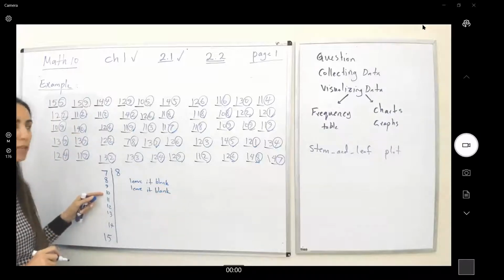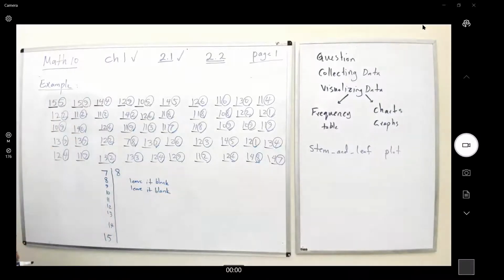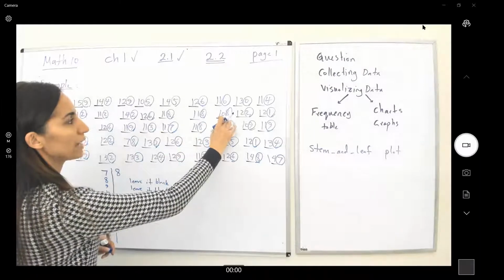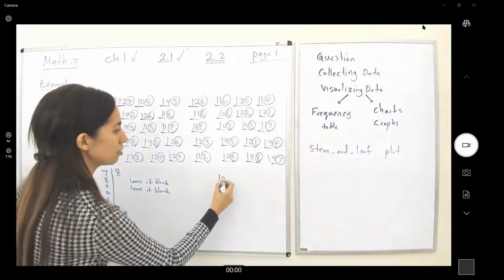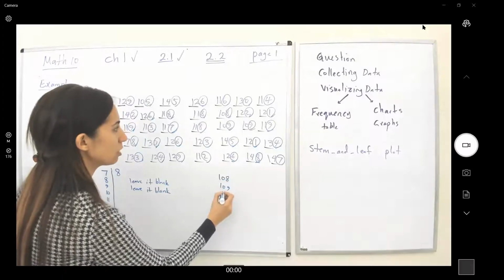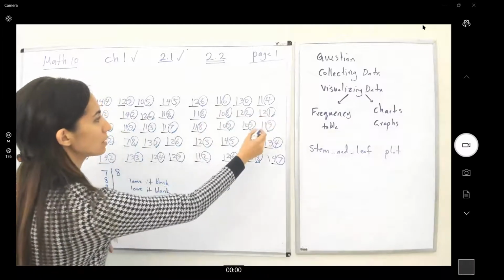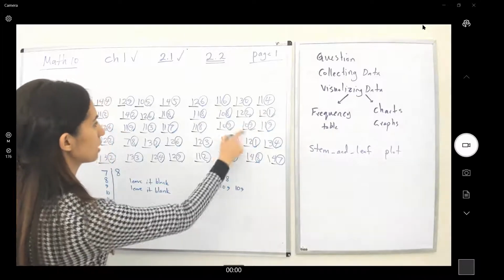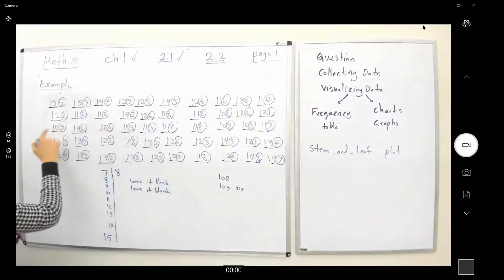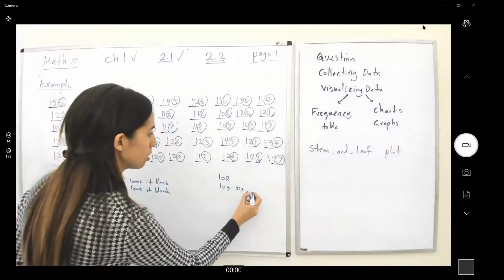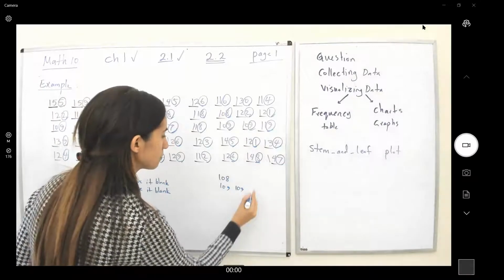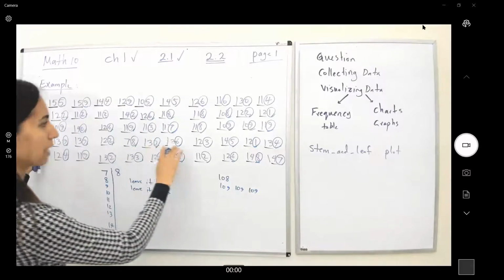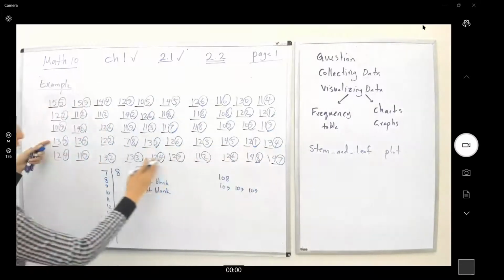How about 10? Okay, let's look for 10s. So I have 10.8. I have 10.9. I have two 10.9s. What else do I have? Another 10.9. Do I have any other 10s?